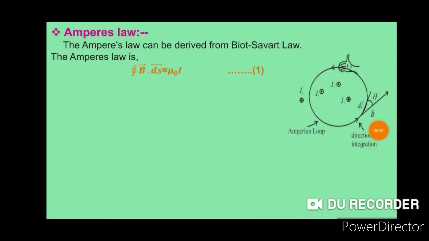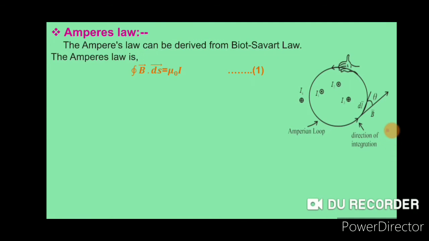Consider cross sections of 4 long straight wires carrying currents I1, I2, I3, I4 into or out of the plane of the paper as shown in the figure. An Amperian loop is drawn to encircle 3 of the current wires and not the fourth one. As the current goes perpendicular to the plane of the paper, B bar is in the plane of the paper, even if its direction is unknown.